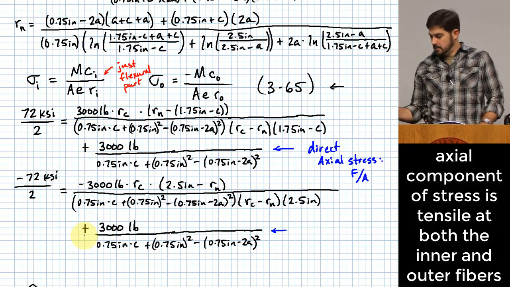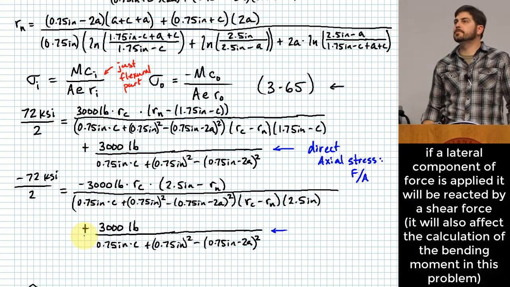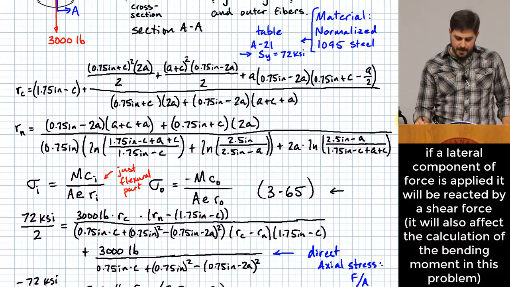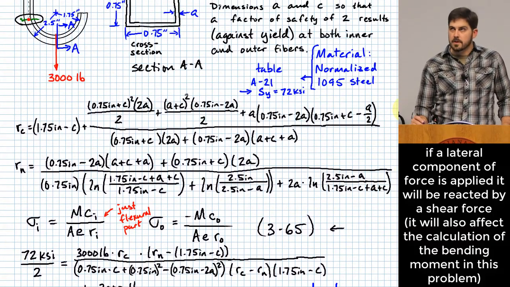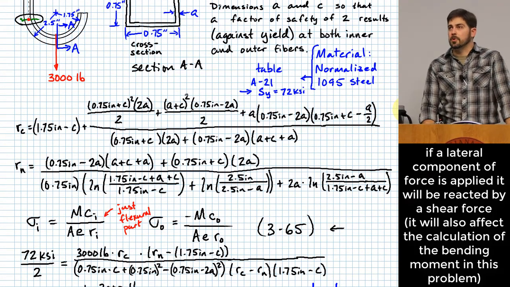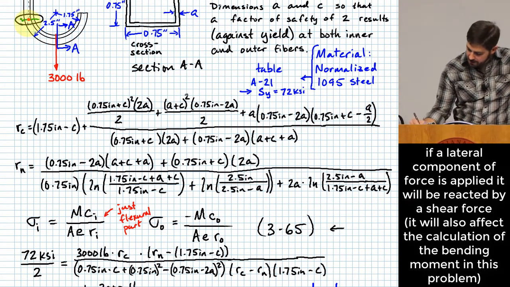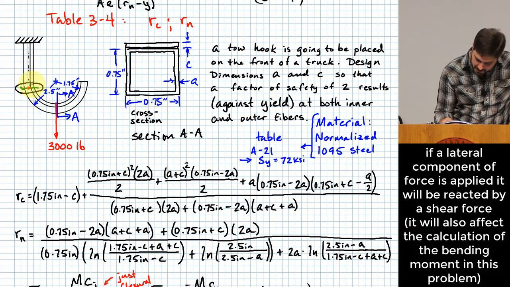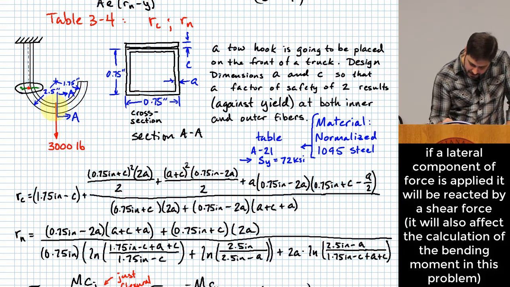Yes? Also, if the force is at an angle, then what would the other component of force cause? Okay, so if you had a force at an angle and it ended up creating a component, I believe what you're saying is it would create a component of stress that it would have to react. So I guess maybe add another force on this way.